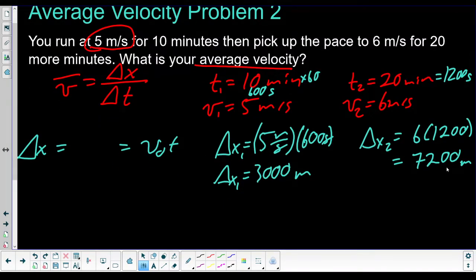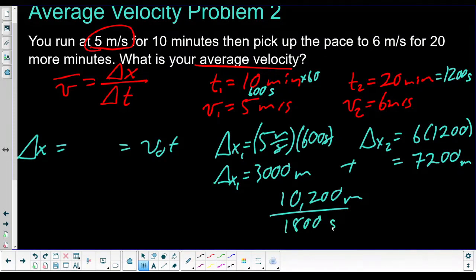All right. So average velocity is total distance traveled. Let's add these together. 3,000 plus 7,200 is 10,200, divided by total time. So we want it in meters per second probably. So let's put the seconds. 600 plus 1,200 is 1,800 seconds.